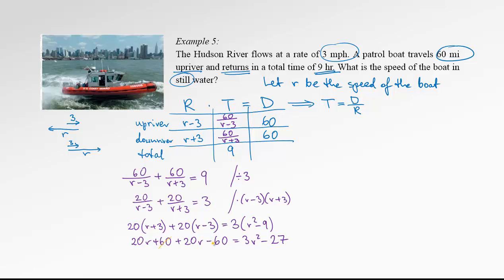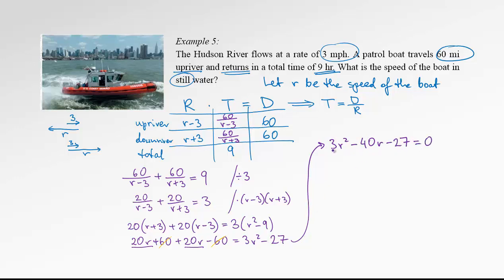Now these two 60s are gone, and let's rewrite our equation over here, starting with 3r squared on the left. Now let's bring these two terms, which make 40r, to the right. That becomes negative 40r, and finally negative 27 equals 0.